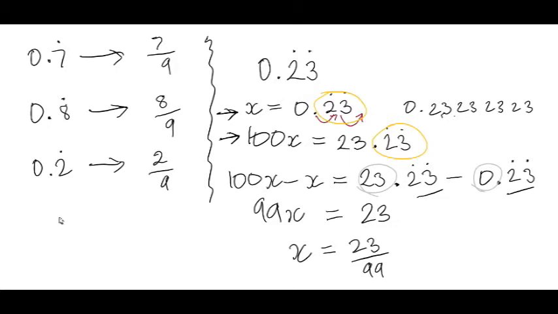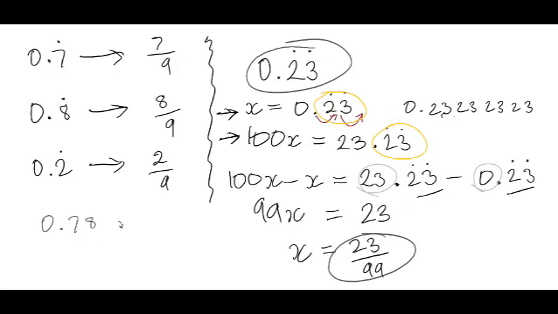Like before, if I told you that 0.23 recurring becomes 23 over 99, you might see a pattern, and you'd be doing well to spot this pattern here. If I told you that not 0.23 but 0.78 recurring becomes 78 over 99, you're beginning to see a pattern. 0.24 recurring becomes 24 over 99.